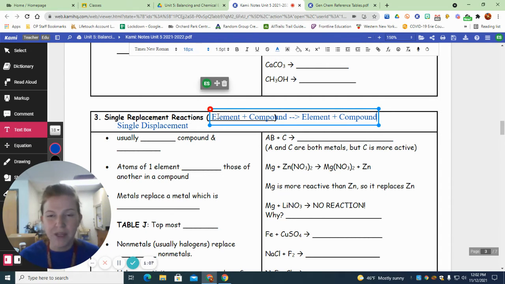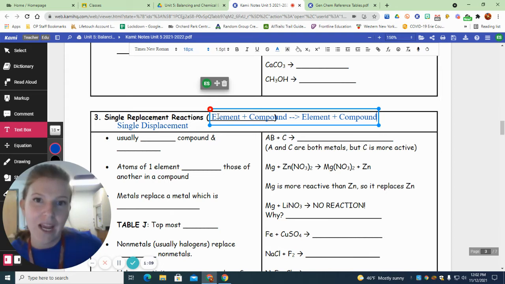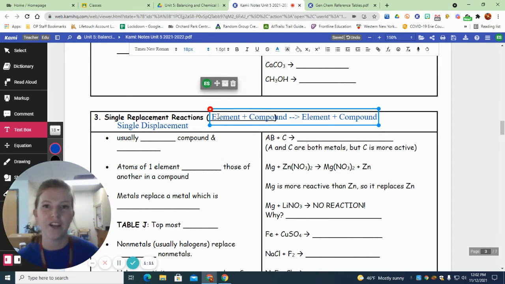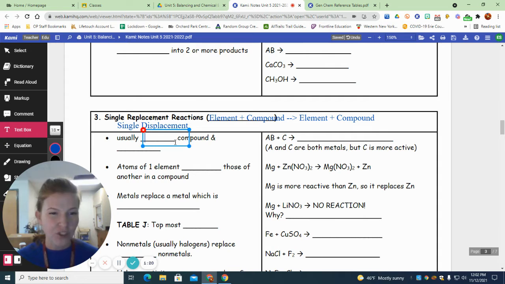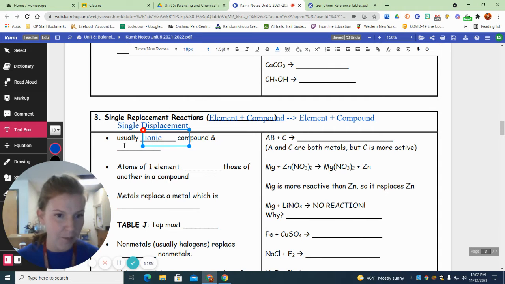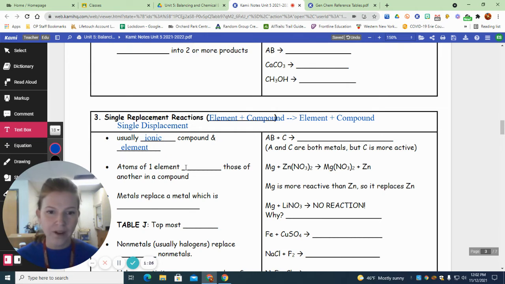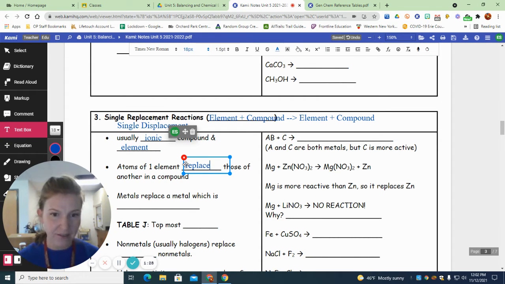So you will notice what makes this different than a synthesis reaction or a decomposition reaction. You have two reactants and two products. So that's one of the things to look at when you're trying to figure out what kind of reaction type you have. It's usually between an ionic compound and an element, and the atoms of one element replace those of another in a compound.